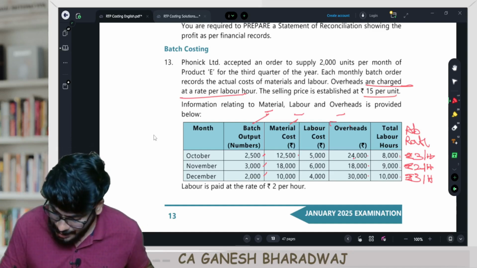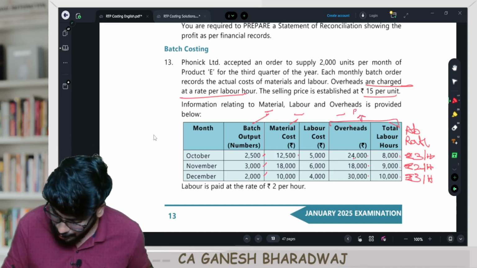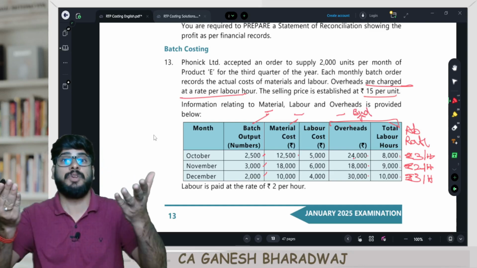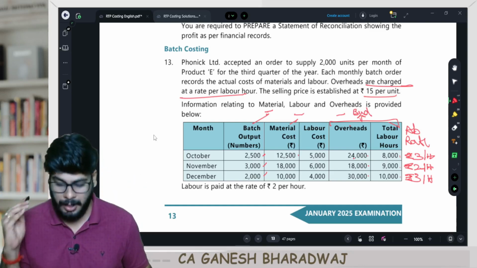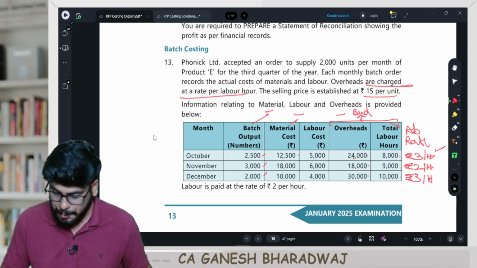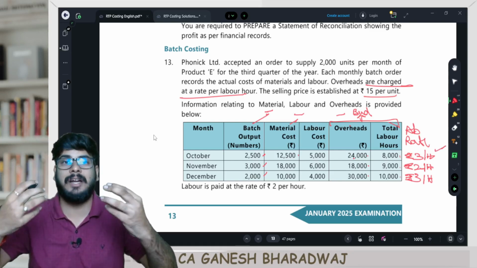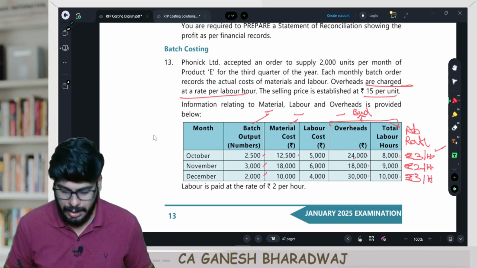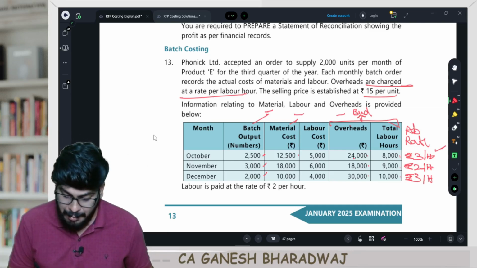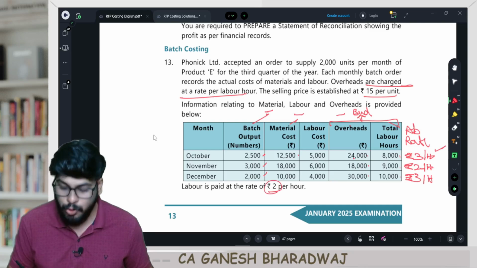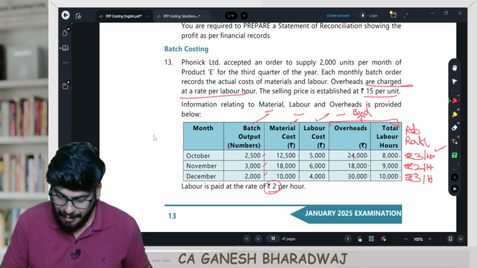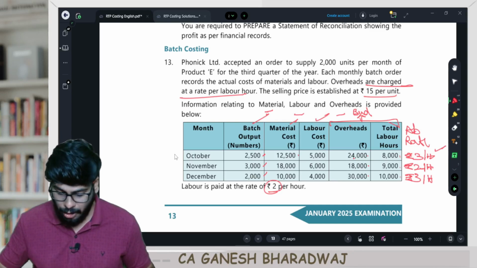Now, ideally speaking, these two are budgeted data, right? Because we always use only the predetermined rate, correct? Now, this absorption rate, you need to multiply it with the actual labor hours to arrive at the absorbed overheads. That is the reason they have given one more data here: the labor is paid at the rate of 2 rupees per hour. Now, you have the labor cost, you have the rate of labor also.